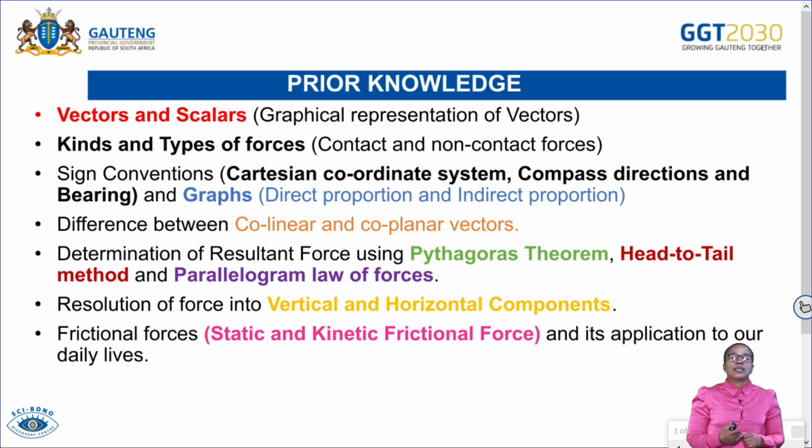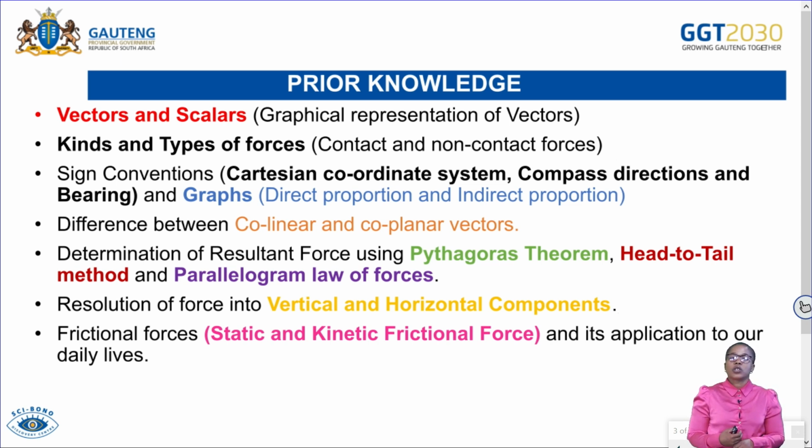Okay. Determination of resultant force using various methods. So first things up, we have your Pythagoras theorem, we have your head-to-tail method, you have your parallelogram law of forces. So by now, you should be able to know how to use all of those methods to determine your resultant force.